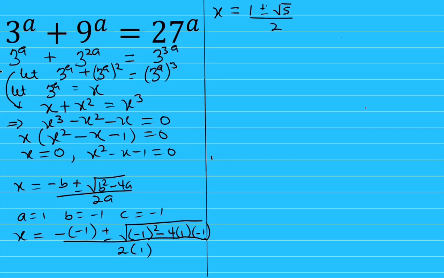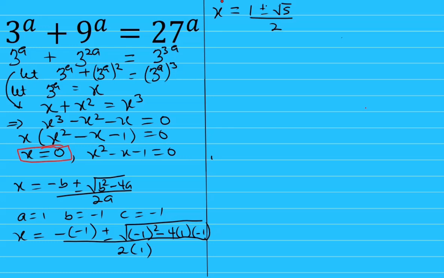So we have these two values here, plus of this or minus of that. But let's remember that we still have another x value, which is 0.